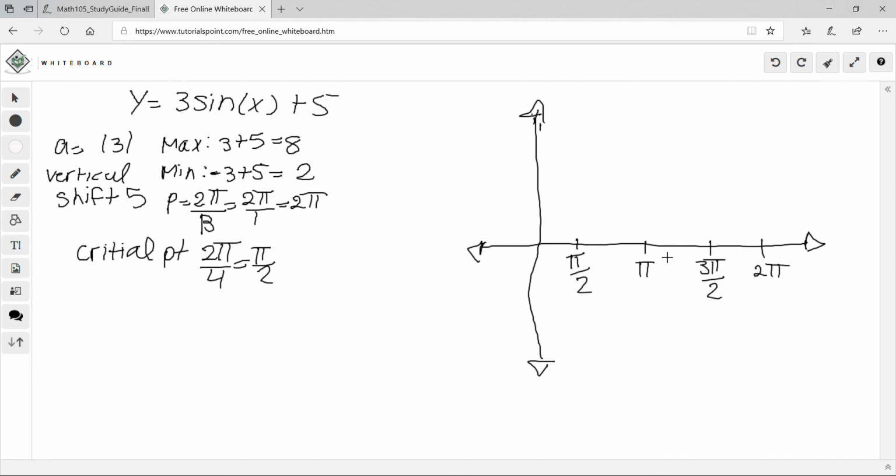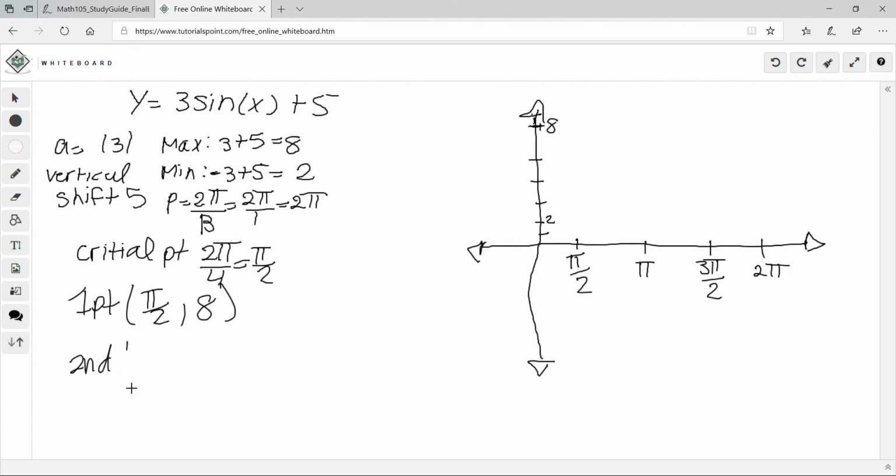And then we know our max is 8, and our min is 2. Here's 8, and here's 2. Now to find the y value at pi halves, you plug pi halves into the function. So our first point is pi halves, and when you plug that into this function, you get positive 8.